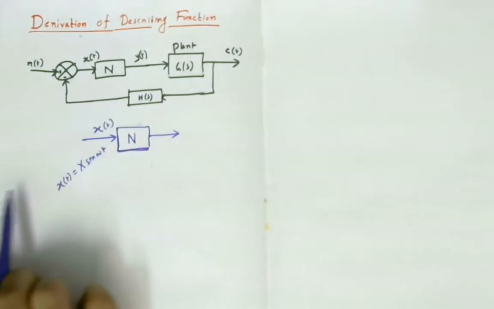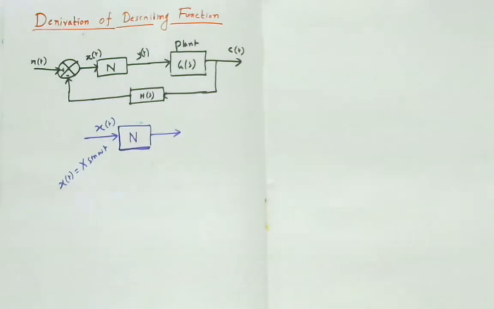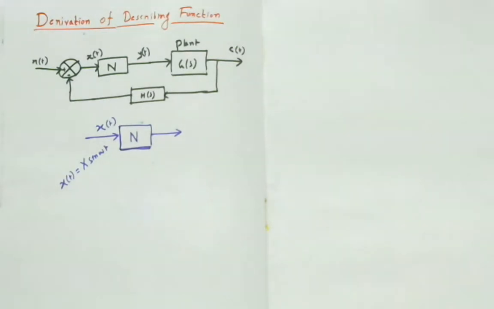In case of a linear system, when you studied Bode plot and Nyquist plot in frequency response analysis, the concept was that when you apply a sinusoidal input to the system, the output of the linear system will also be sinusoidal.